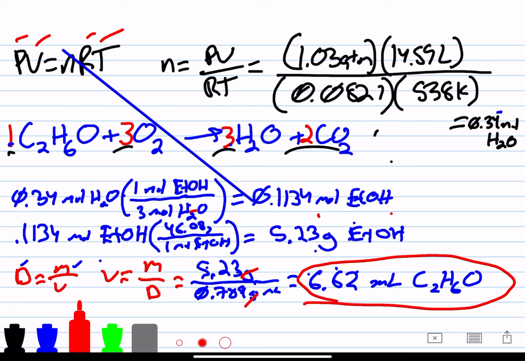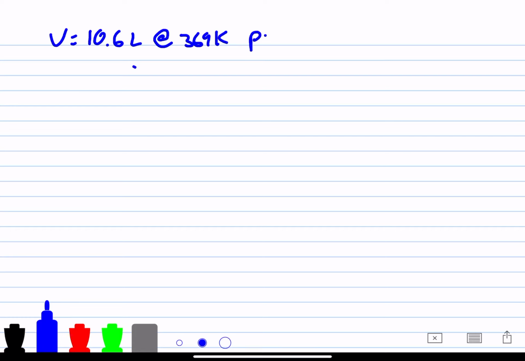Number 6. A gas is collected over a reaction in a balloon. When the reaction is completed and all the gas collected, the balloon is measured to have a volume of 10.6 liters at 369 K. Pressure is equal to 1.5 atmospheres.